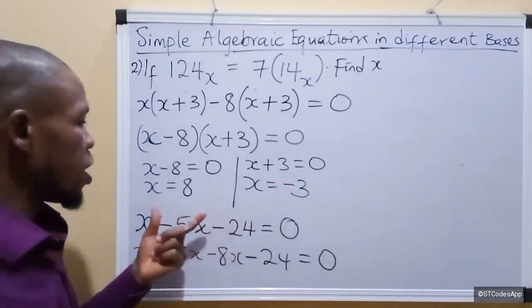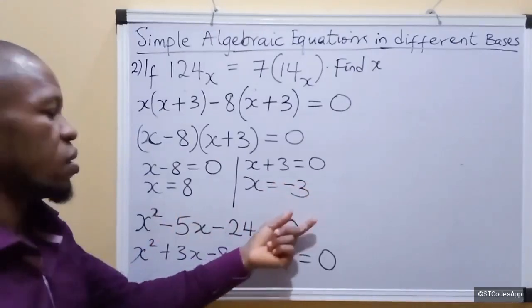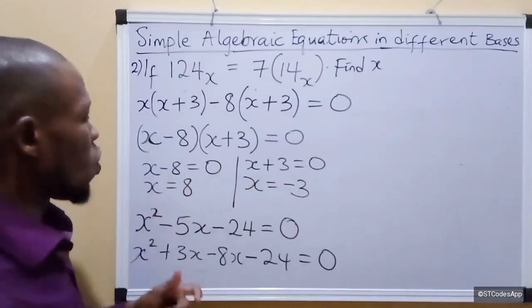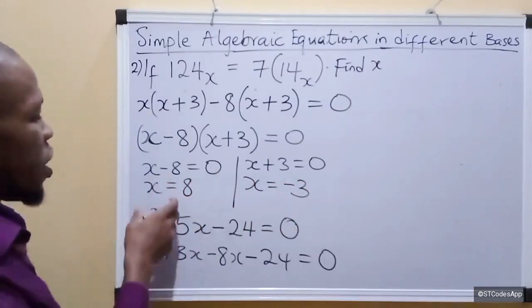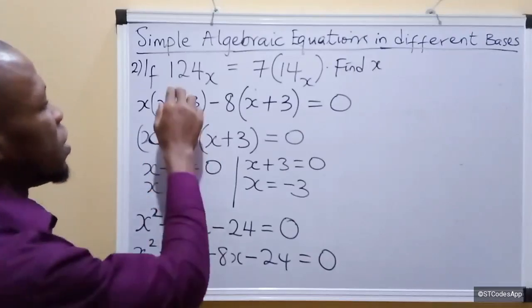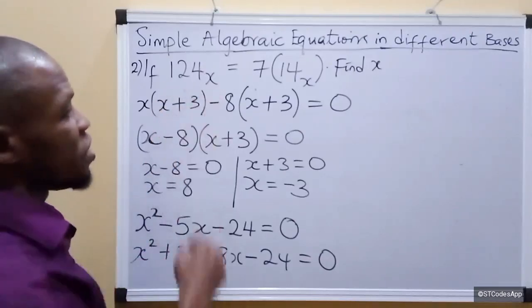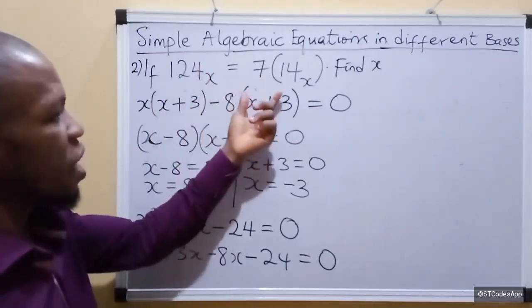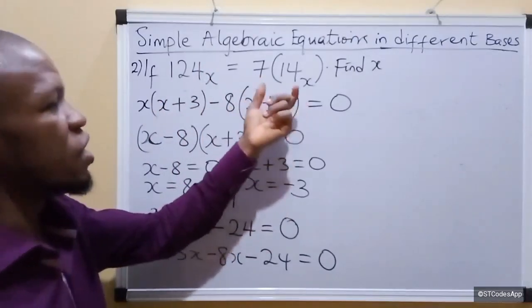But for this problem, we are not going to make use of the negative solution, we are going to make use of the positive solution. So what it means is that we are going to make use of 8. x is equal to 8, meaning that 124 is in base 8 and is equal to 7 times 14 in base 8.